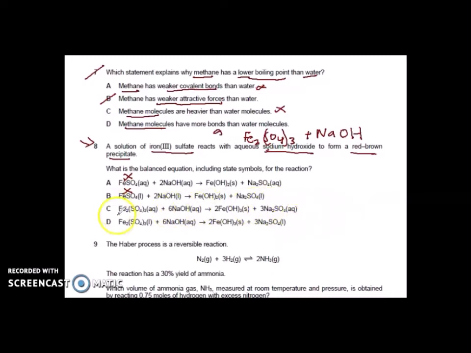The only difference between C and D is that here it is aqueous and here it is liquid. All sodium salts are soluble, so they will be aqueous, soluble. So your answer is C.